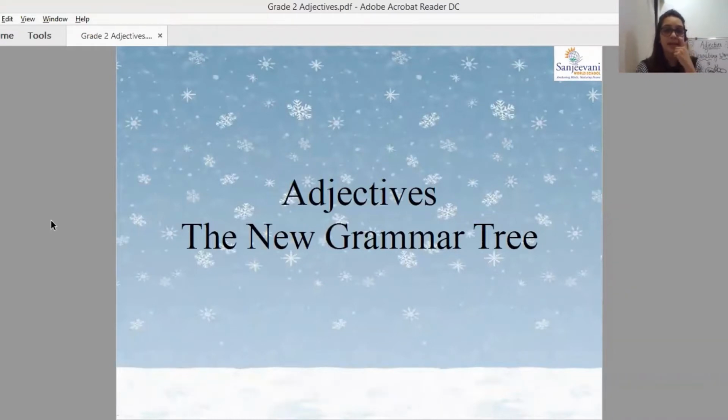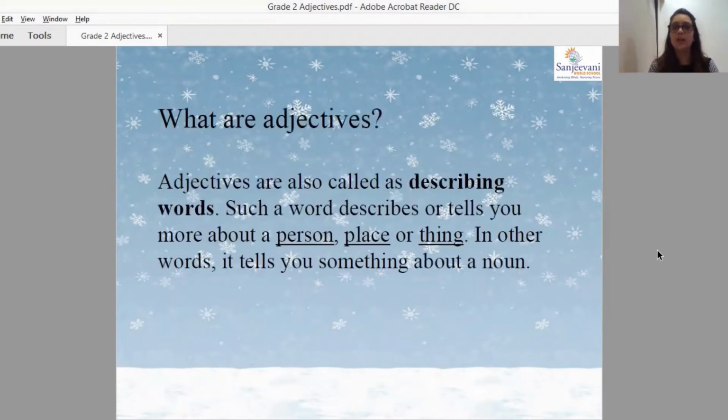All right. Adjectives, the new grammar tree. Adjectives are also called describing words. What are adjectives? So basically, as I explained to you, adjectives are describing words.